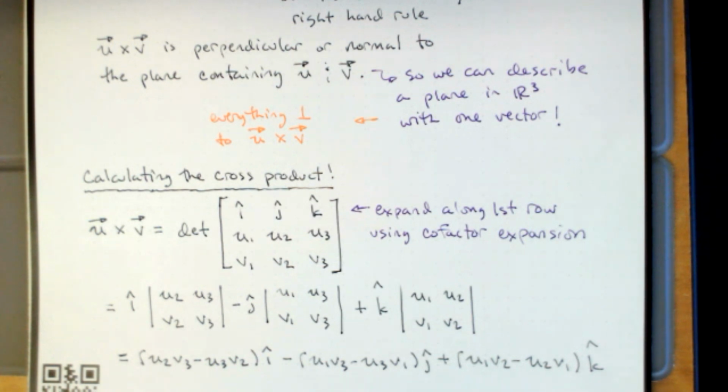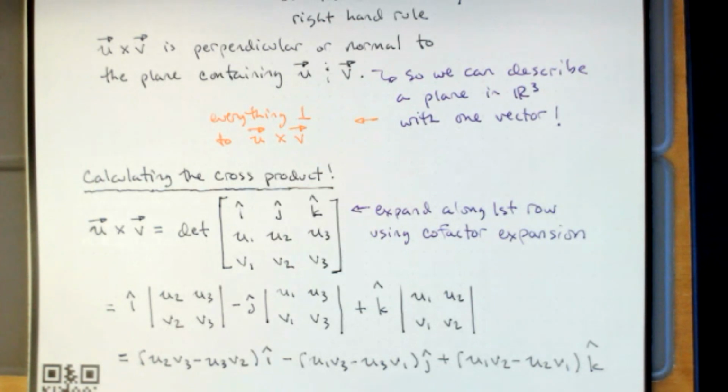Now, the other way you'll see this written is multiplying through this negative, and then this middle one becomes different. It looks like u3 v1 minus u1 v3. That doesn't fit the pattern in the other ones. But instead of remembering that there's a negative out in front of the j, if you multiply that in, the second one is here. So whatever way you're going to remember this, the second one is always going to be weird, either because it's got a negative or it's u3 v1 that goes first.